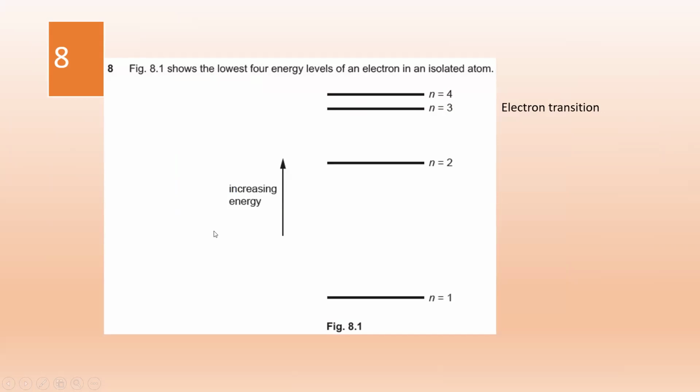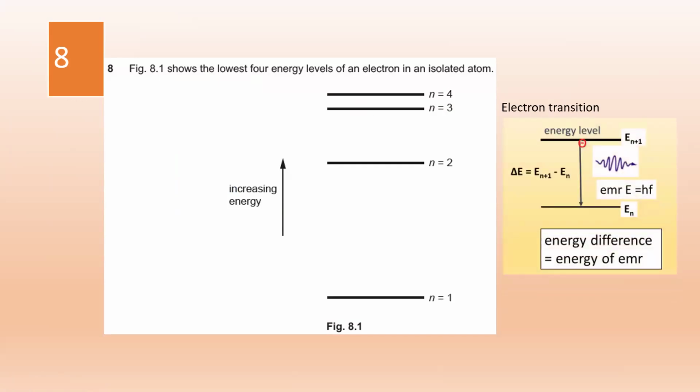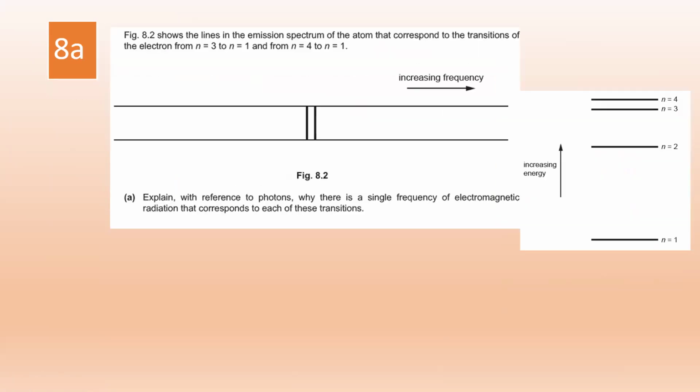Figure 8.1 shows 4 energy levels of electron in an isolated atom. Right? Remember the energy calculation formula? Figure 8.2 shows lines in the emission spectrum of atom that correspond to transition of electron from N3 to N1 and N4 to N1.